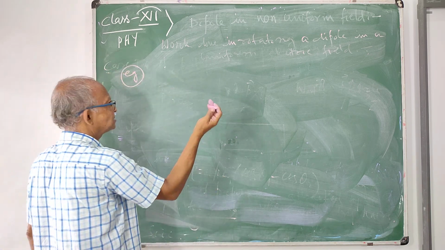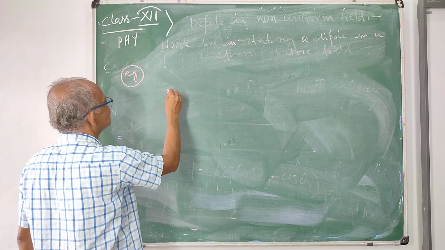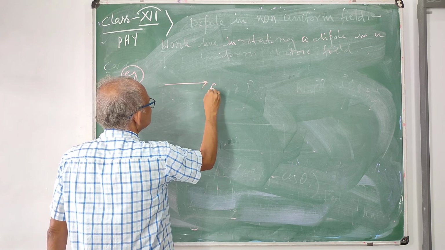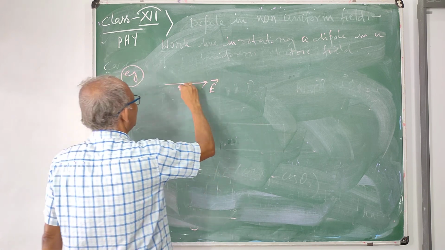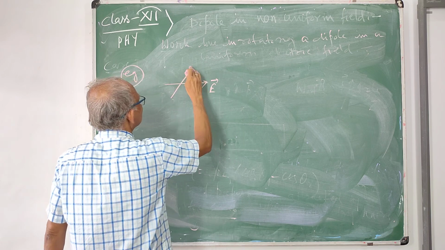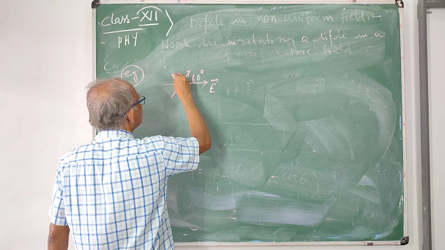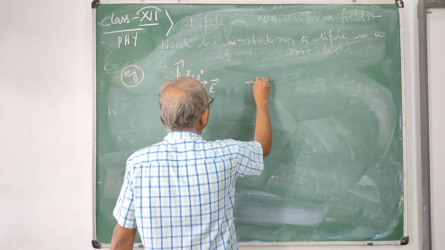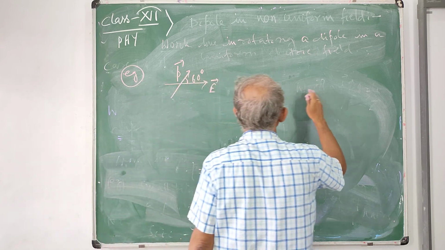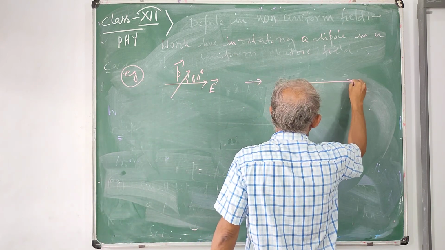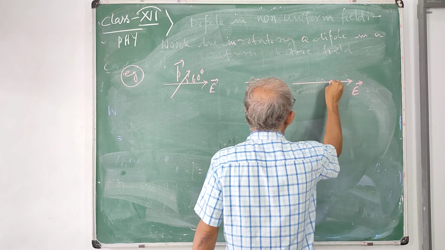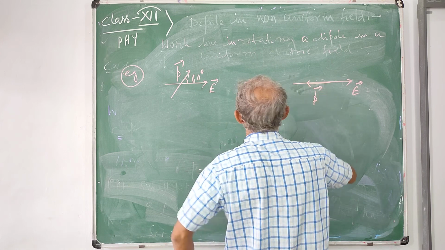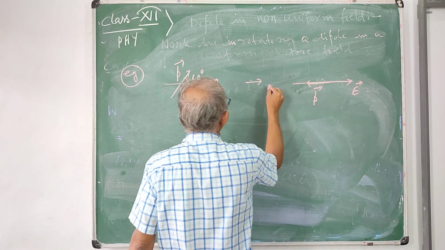The question language can be stated, but let us try to understand the language in figures. This is the electric field, and here initially the dipole is making an angle of 60 degrees, and you need to rotate it to this orientation.